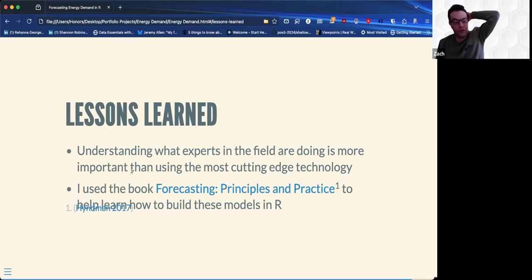It's better to do those things than to try to build an endlessly complex model. And that's what we saw in the data earlier. The more complex models weren't really working. These generic time series models weren't really working, and what really did work was this regression model that experts had already built.